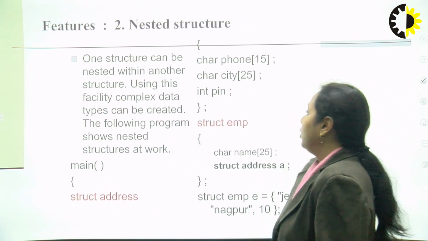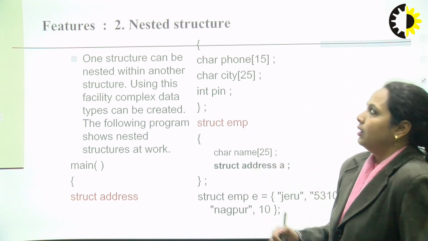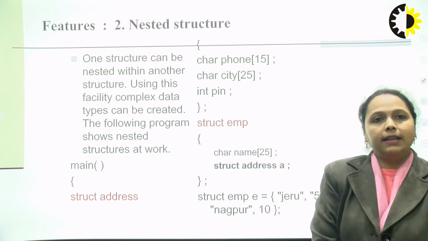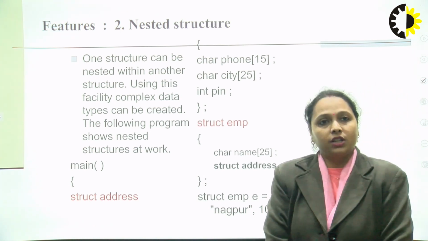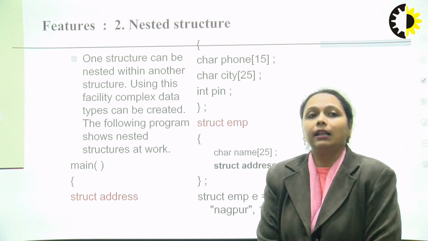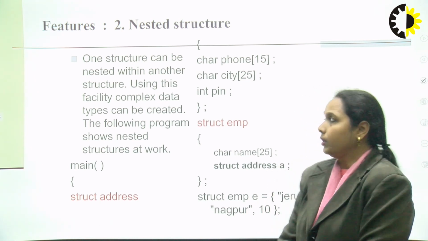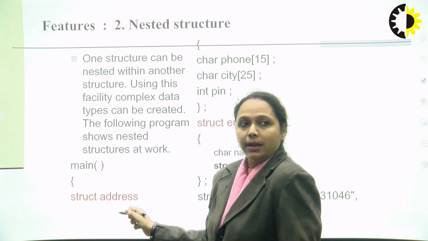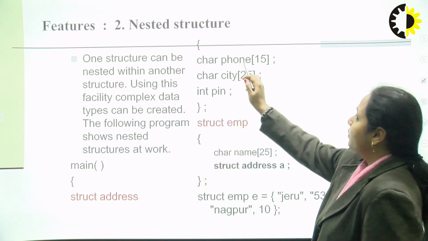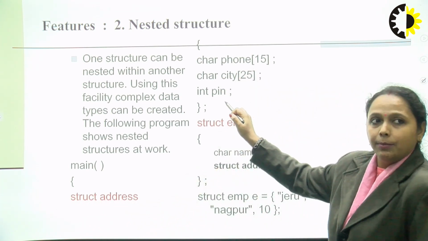Next, we can also perform nesting within a structure. Meaning we can use a structure type variable within another structure. As we can see, we have created an address type structure. Within this we have phone, city and PIN number.